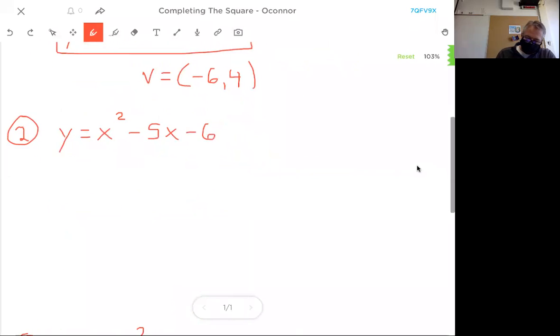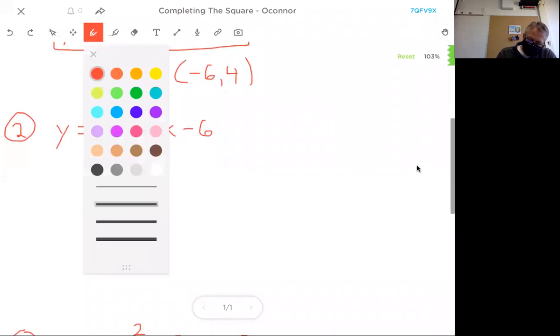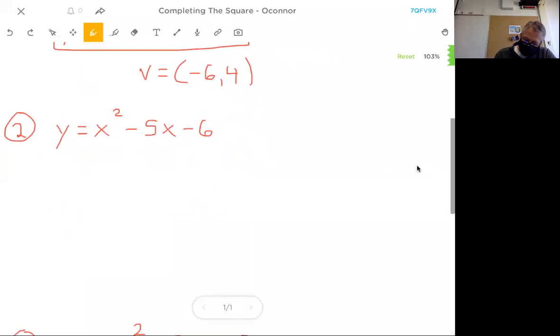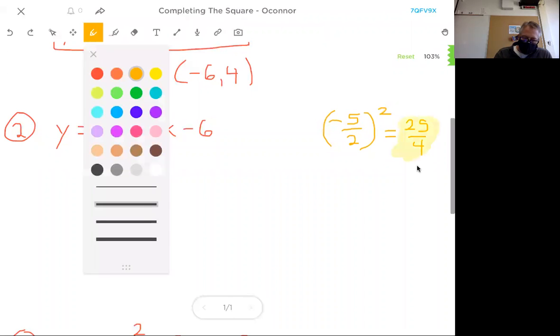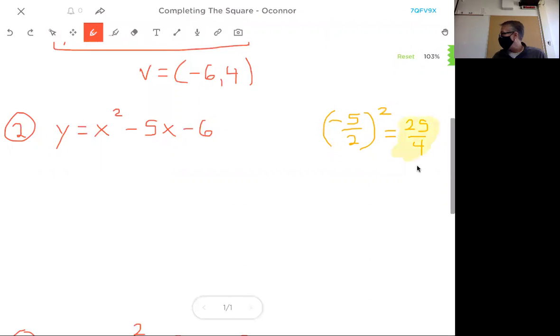All right, for the next one. My b is -5, so half of that is -5/2, and that squared is 25/4, which is my magic number. Now, some of you are writing that as a decimal. I wouldn't suggest doing that. I think it's better to write it as a fraction when you get into the factoring.